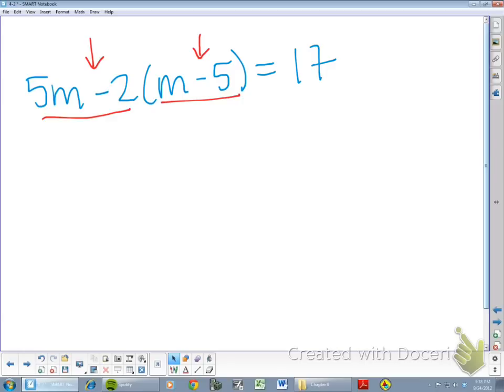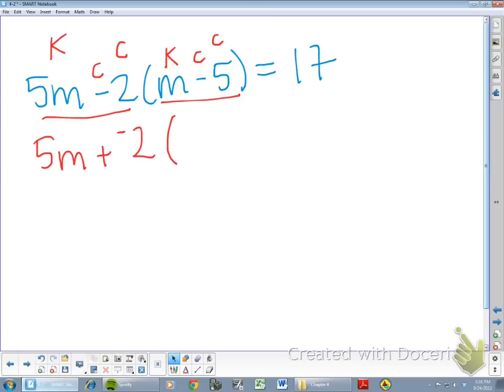So let's use keep, change up here, and inside here we have keep, change. Okay, we have 5m plus negative 2. In parentheses we have m, we're going to keep that the same, plus negative 5. And that's equal to 17.